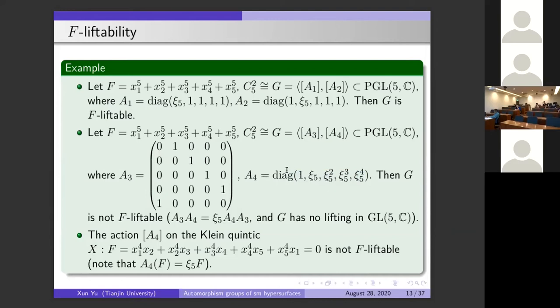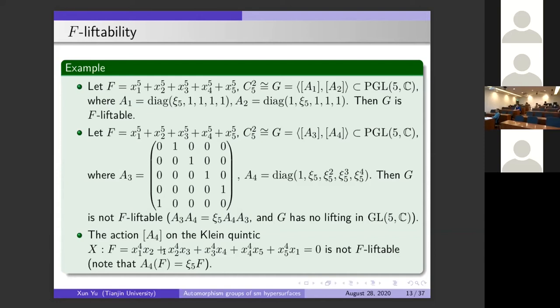You can easily check these two generate a C5 squared in PGL, an abelian group of order 25, C5 cross C5. But in GL, it has no lifting because they do not commute in GL, so surely no F-lifting. So this shows some complicated aspect.